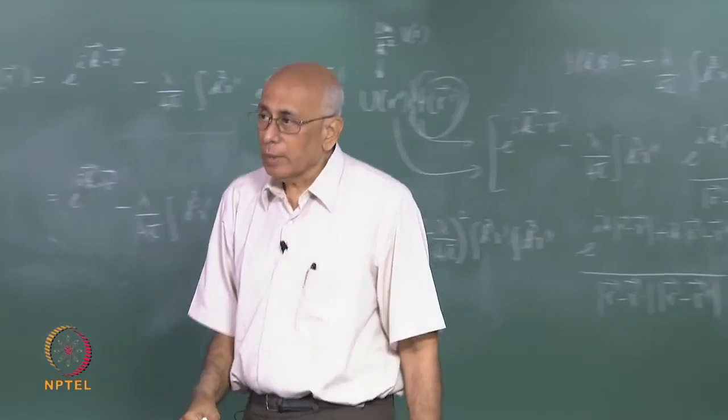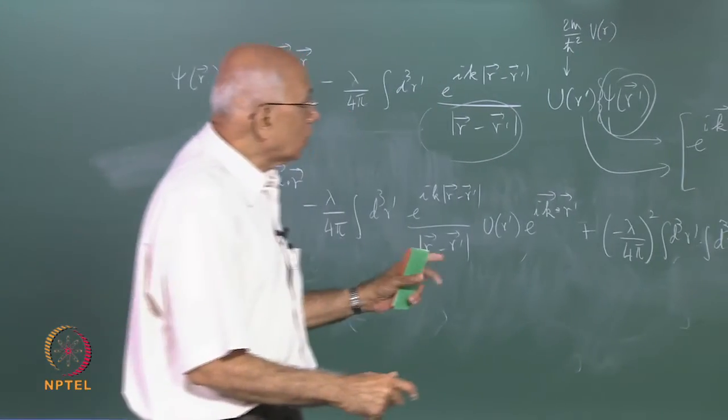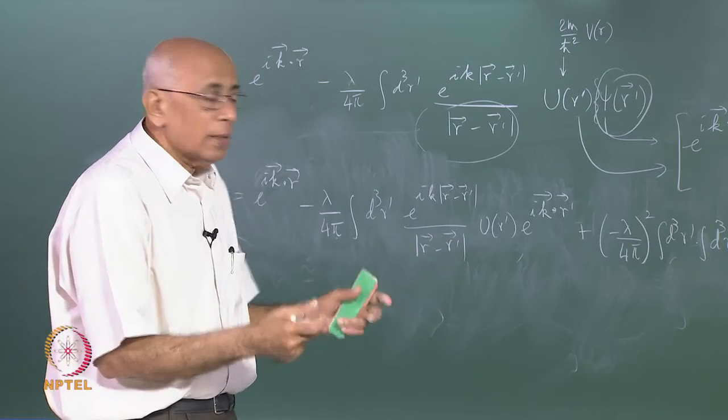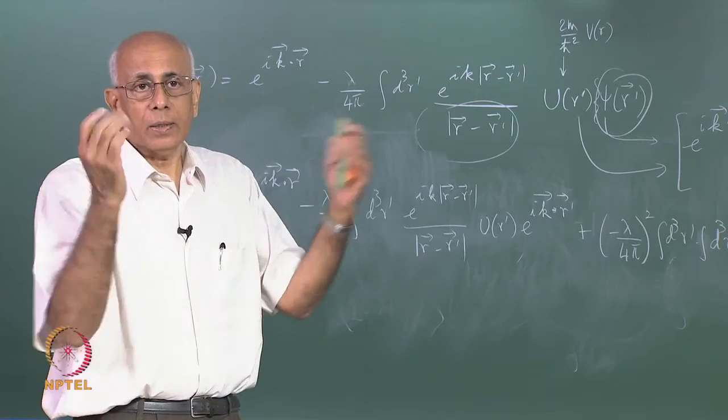So in the Born approximation, what you have to do is to take two plane wave solutions, one with k prime, one with k, and sandwich the u in between and integrate over all space.